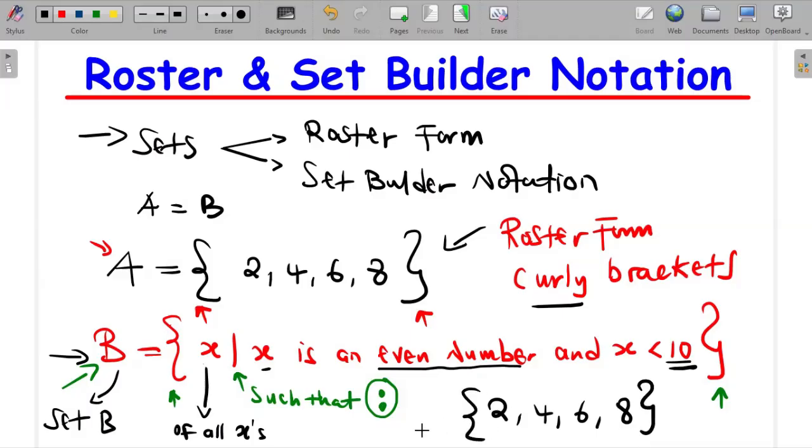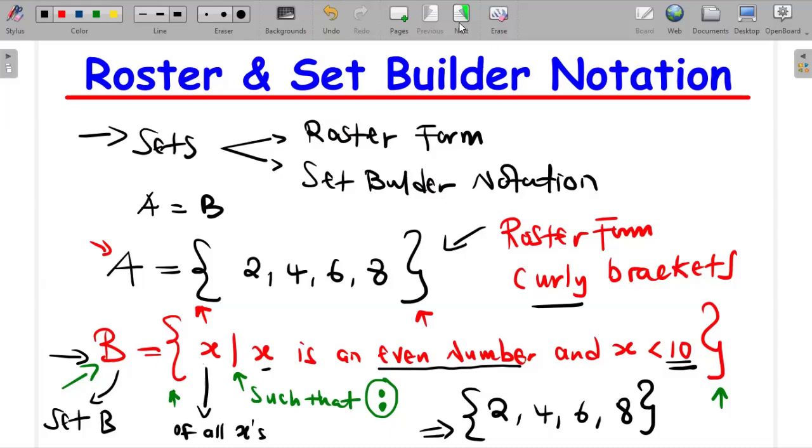And you can see that this here is the exact set that was in part A. So in set A and set B, these are equal, but one shows the roster form and the other shows set builder notation. All right, so I've explained what these things are.